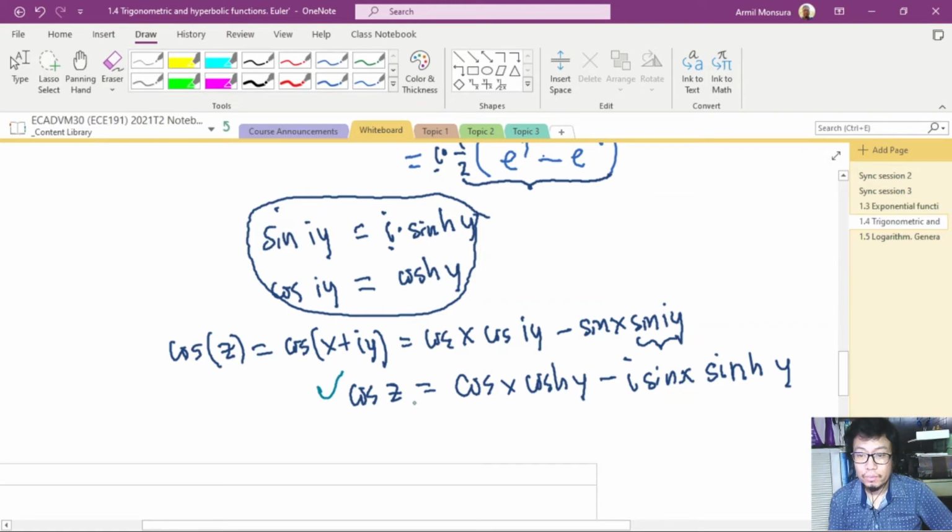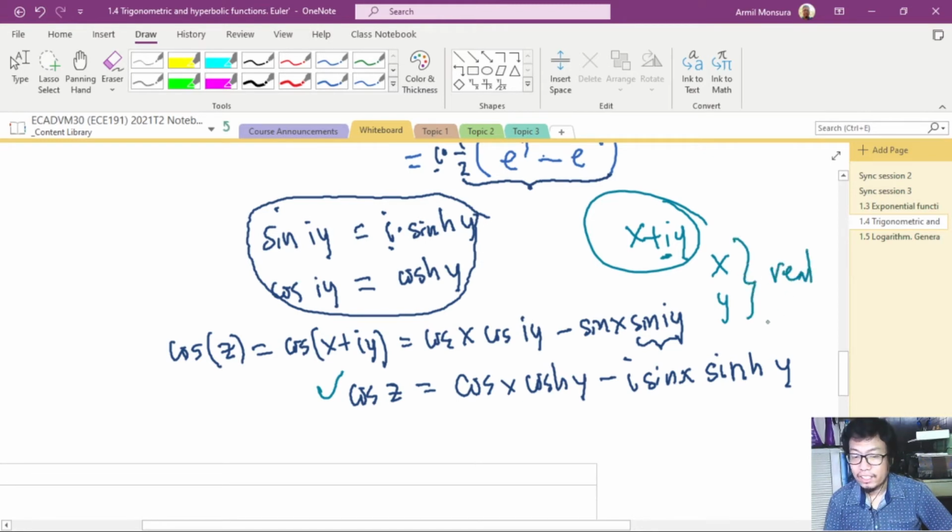Take note that x is a real number, y is a real number, but x plus iy is not a real number because one of the terms, which is the i component, is multiplied by the imaginary unit. So this entire thing is a complex number. But still, remember that even if we use them as components for your complex number, both x and y are still real values or real numbers.